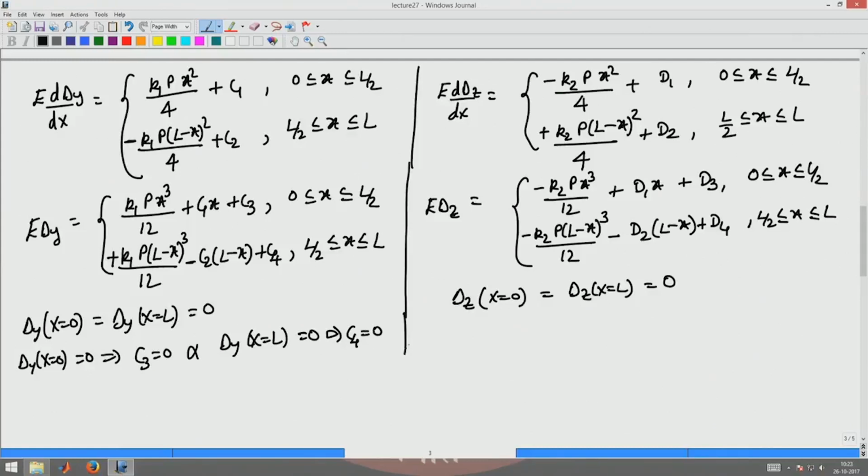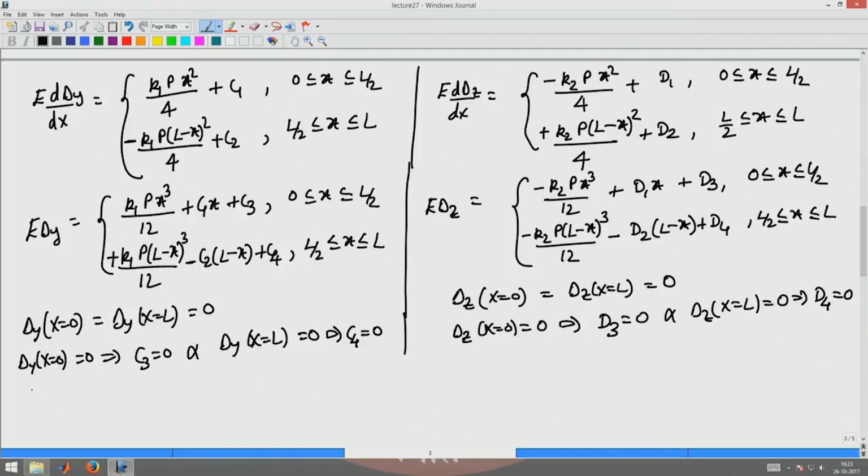Similarly here delta z at x equal to 0 implies d3 is 0, and delta z at x equal to L equal to 0 implies d4 is equal to 0. Okay, so now we have to find constants c1 and c2, that comes from the continuity condition.